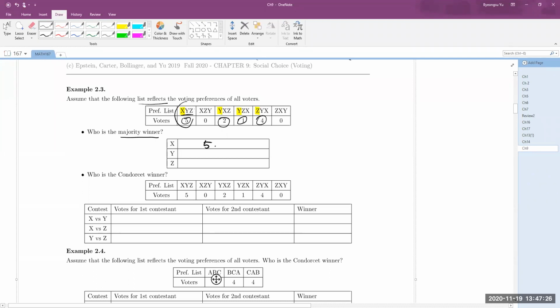Because the voters whose lists are XYZ or XZY definitely prefer X the most, but there are only 5 voters here, so that's why it has 5. And the voters who prefer Y the most are from here and here. And if you add those 2 numbers, then it is just 3, right?